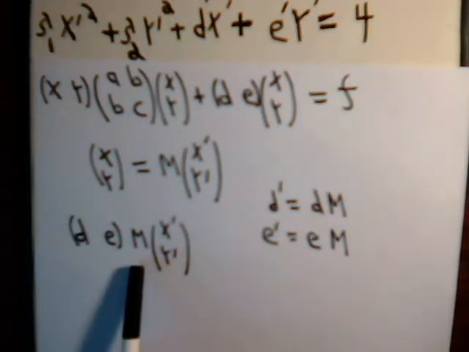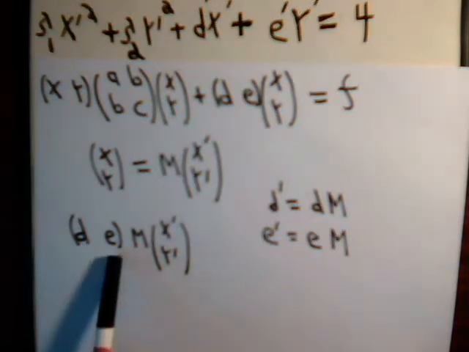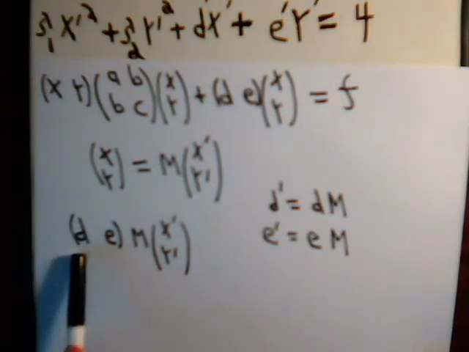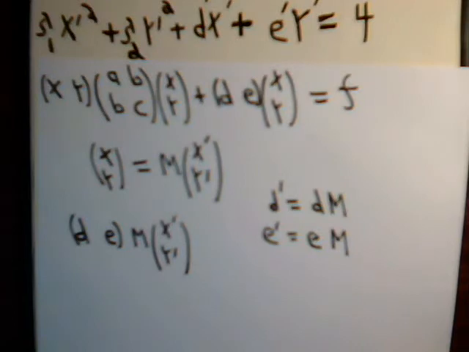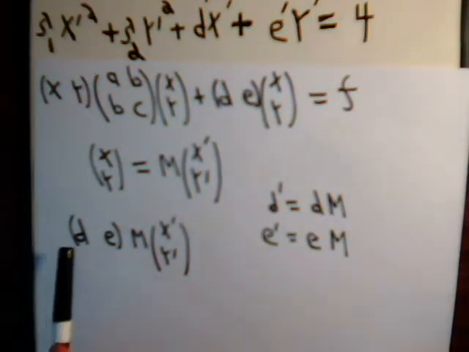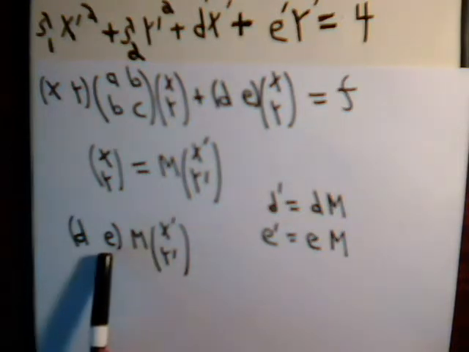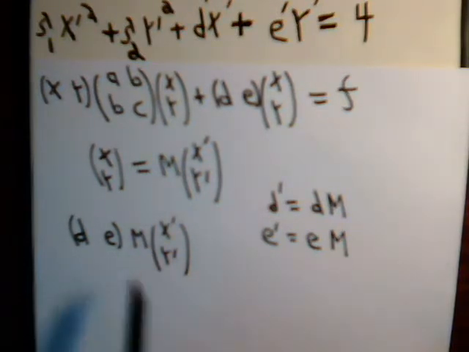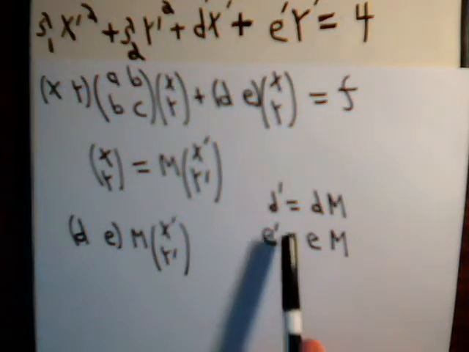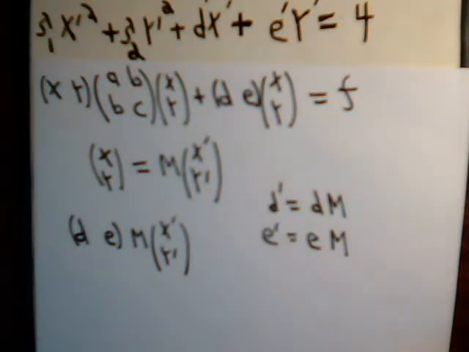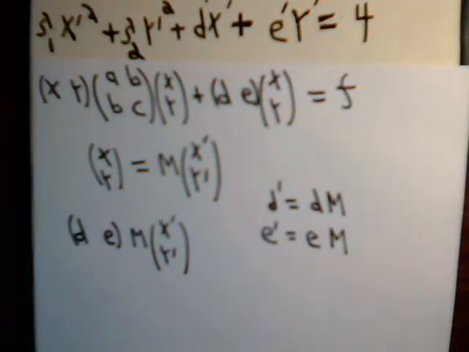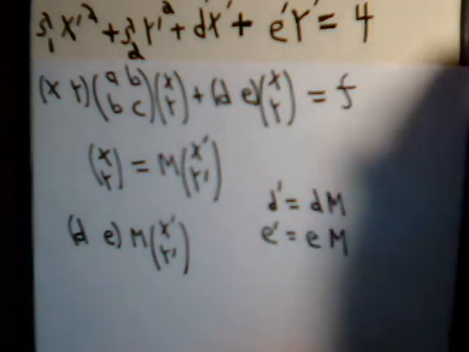Now, this is a 2 by 2 matrix. So what we have is we're multiplying it on the left by a row vector, and we'll demonstrate this in just a moment. What we have is this times the first row in this matrix plus this one times the second row in that matrix. And that's what we mean by D prime and E prime. It may have been confusing the way we had it in the last video. And again, we'll show in just a moment exactly what we mean here with a specific example.